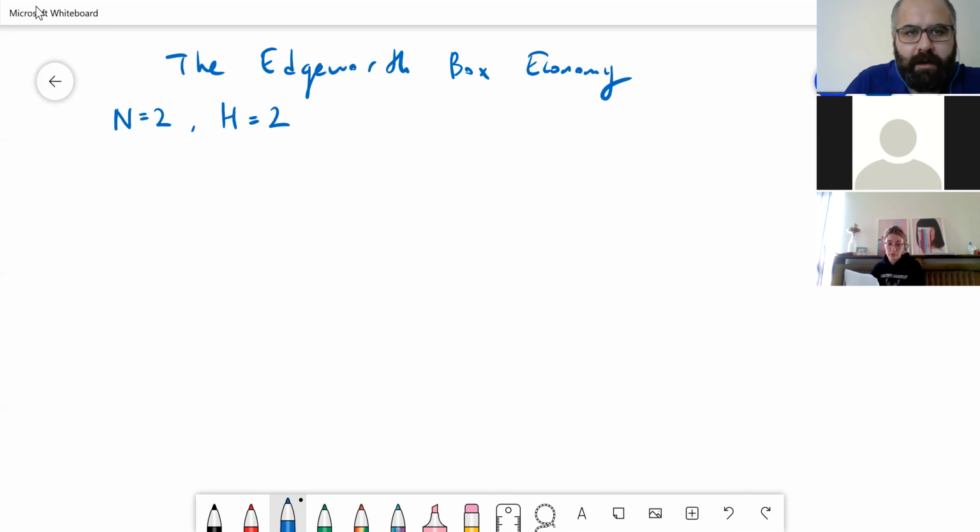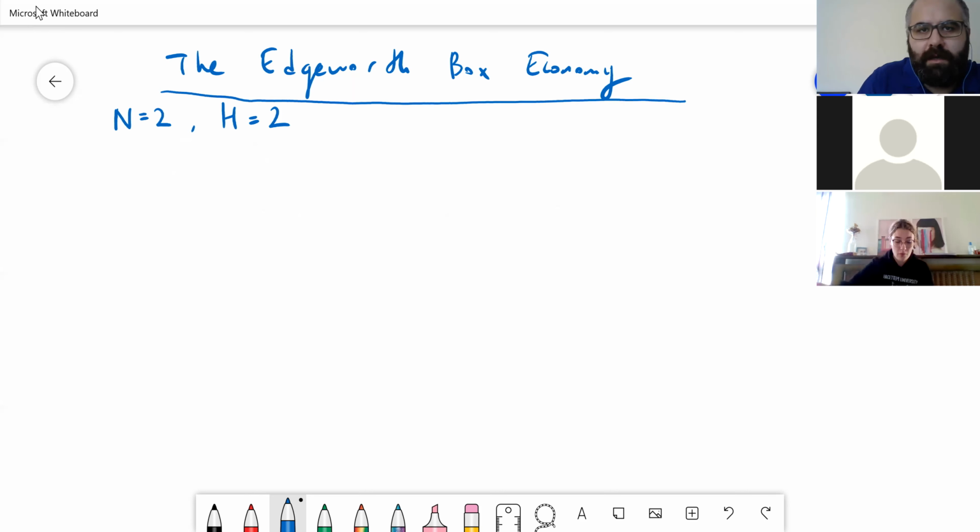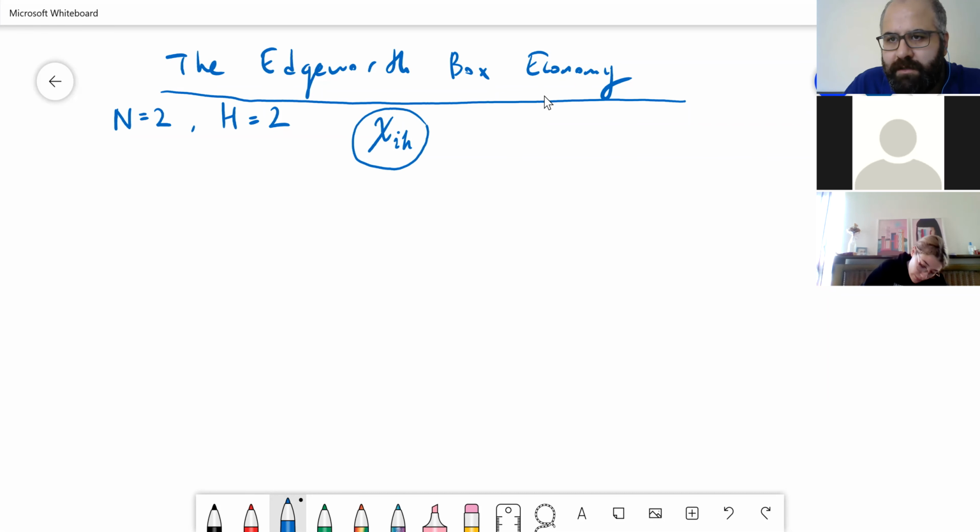Now we have two commodities and two consumers. In our previous study up to this point, we took XIH as given. In this Edgeworth box economy, we're going to derive this. So there will be utility functions and constraints of the consumers.